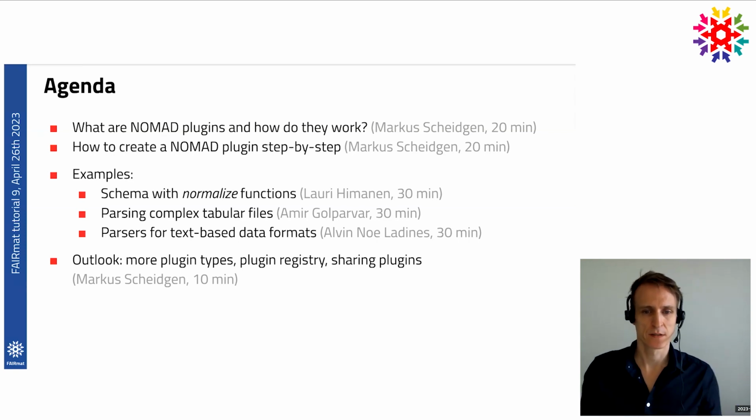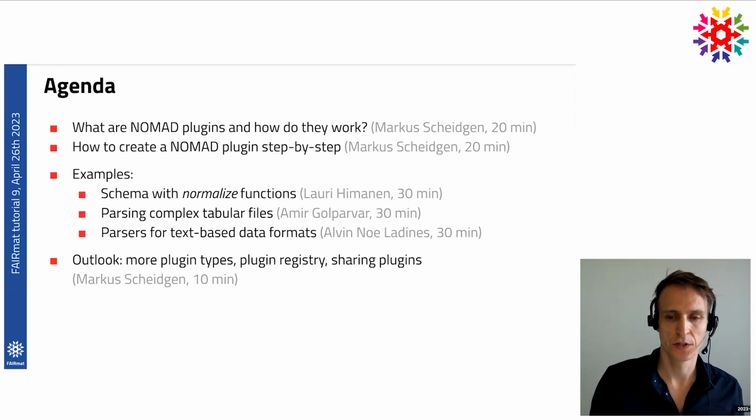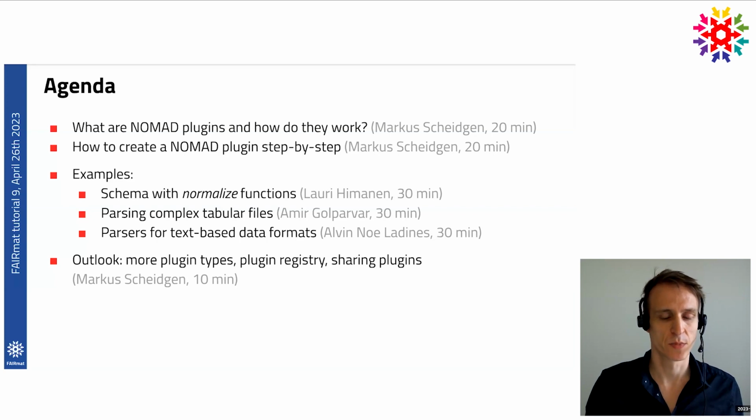Our parser mechanism, what we have at the moment, is fully functional. You can develop plugins, you can use your plugins in your Oasis, for example, but there is supposed to be more in the future. And in the end, I want to give a short outlook of what other plugin types we are thinking of, and how we want to build the ecosystem that the community can use to produce plugins and share plugins.